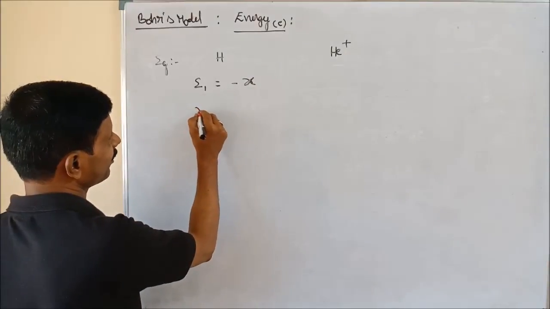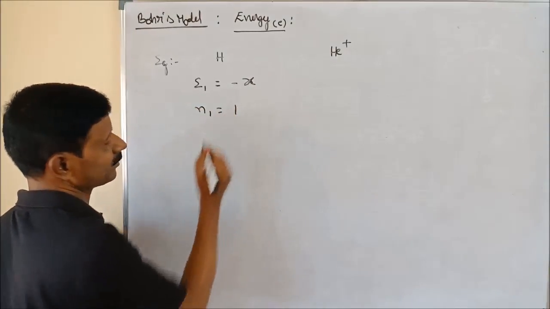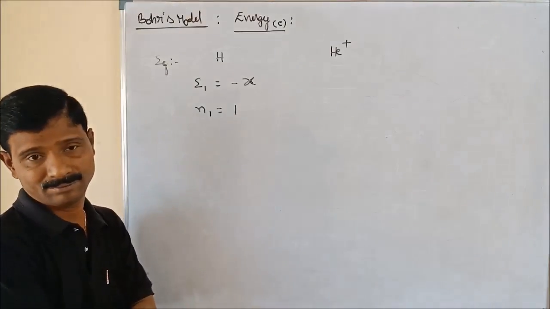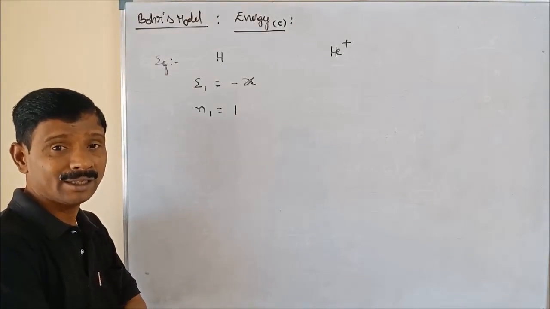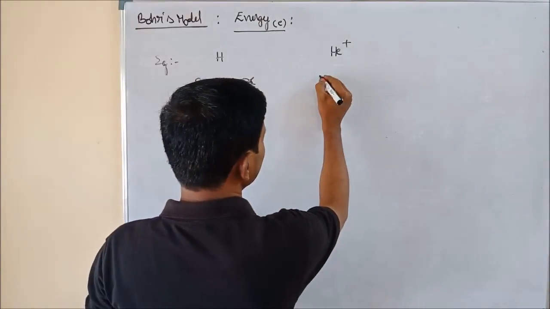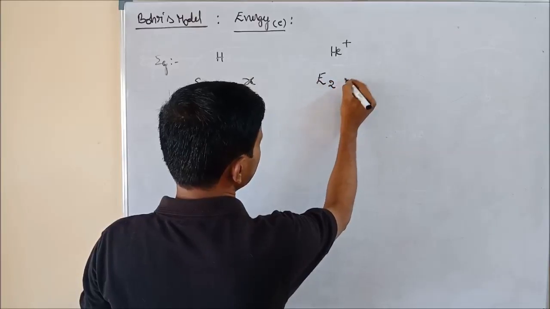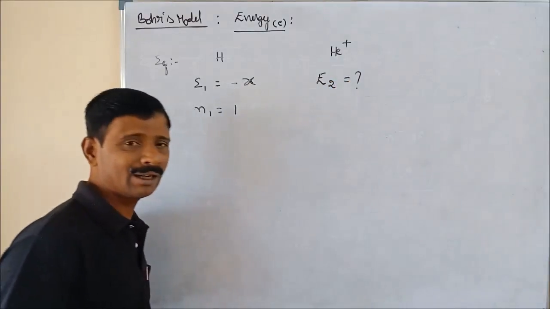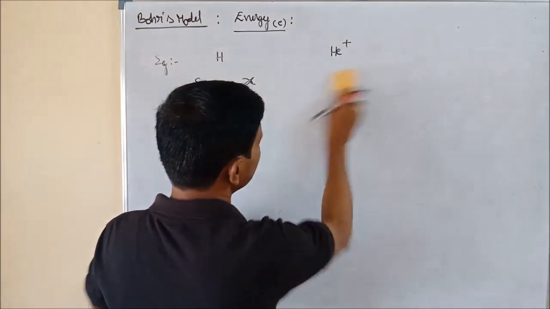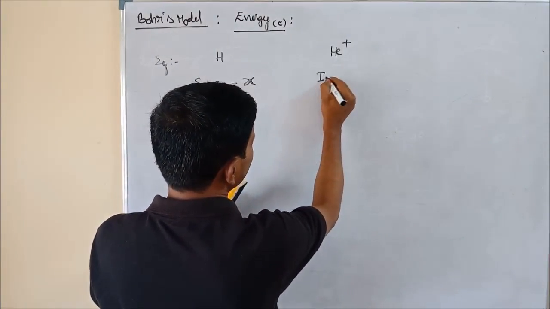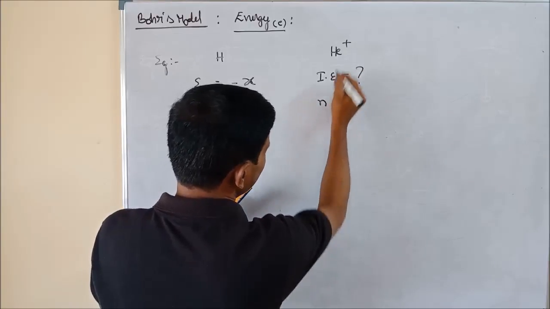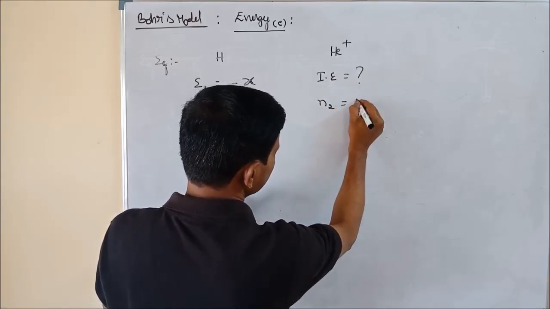And since it is first orbit, n1 equal to 1. What about the energy required to remove the electron from He plus? See, here we have to find out first E2, then energy required means ionization energy we have to calculate. So, I will show like this. What is the ionization energy of He plus? He plus means here number of the orbit, let it be n2, that is also 1.